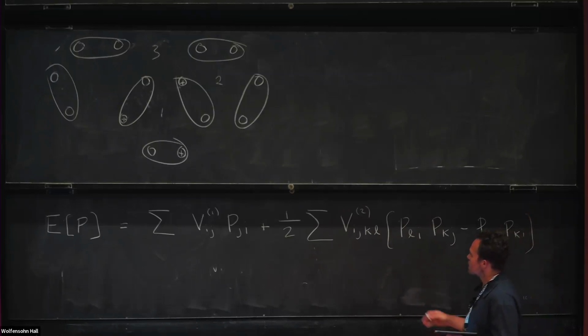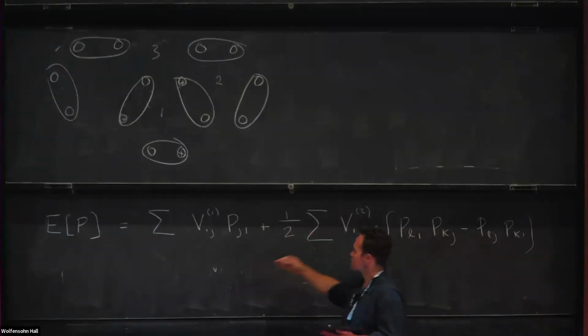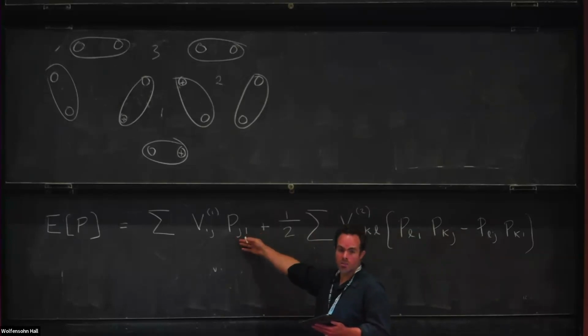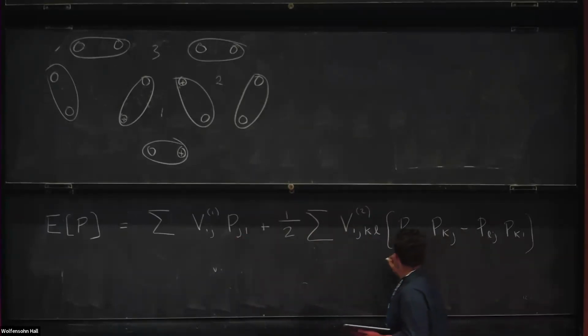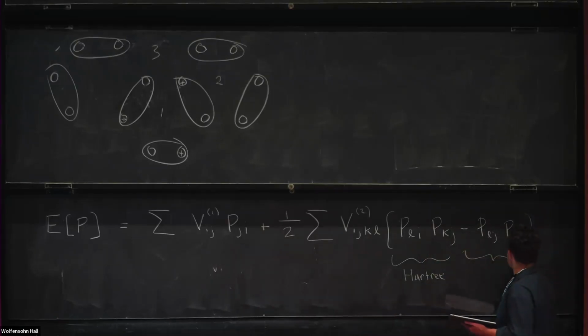So in this context, the expected energy is then a sum of 3 terms, the non-interacting part. This term here, we call the Hartree part of the energy. And this term here is called either the Fock or the exchange term.